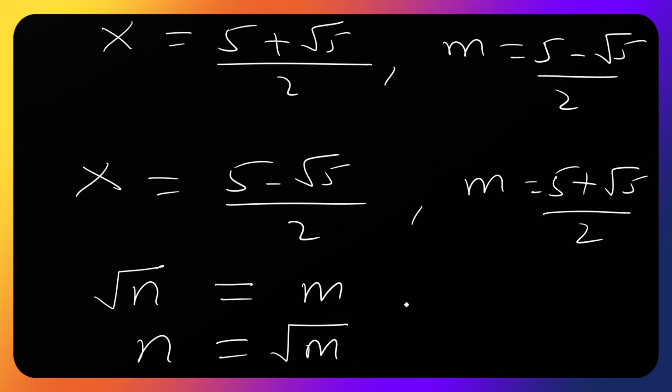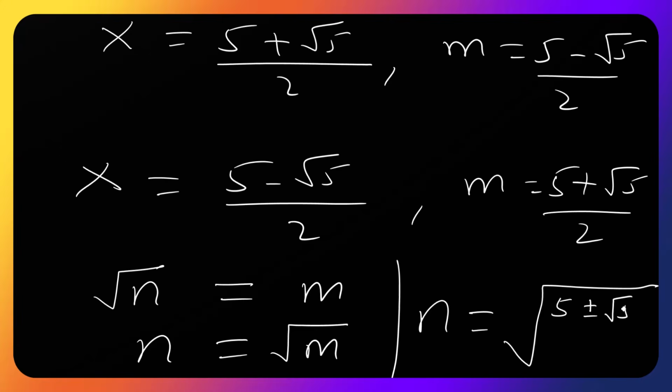As simple as that. So from here, the answers for n are 5 plus or minus root 5 on 2, squared. That is for n.